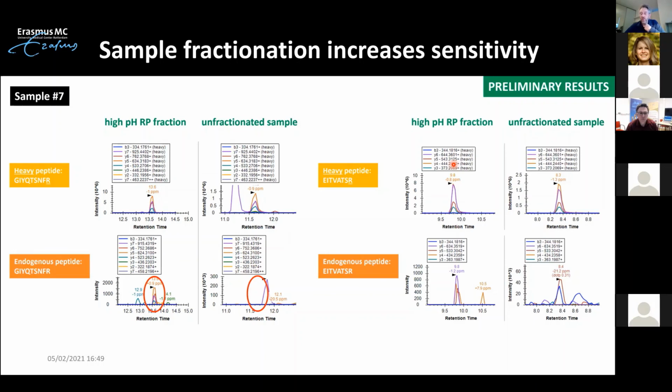And with the use of AQUA peptides, we can of course also do absolute quantitation of the peptide. And this amount of peptide, which is really at the boundary of detection, would then correspond to roughly the low attomolar range. And this then corresponds to the limit of detection that we observed in the dilution series that I showed you earlier on.